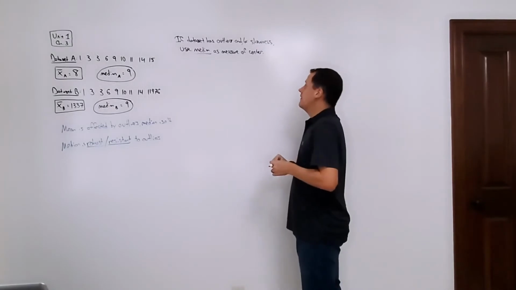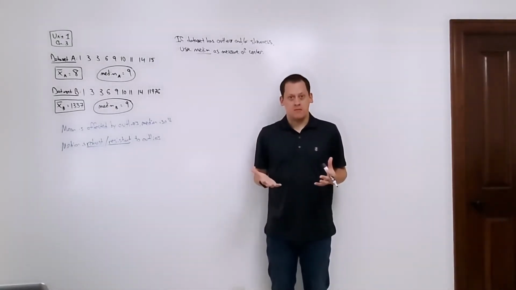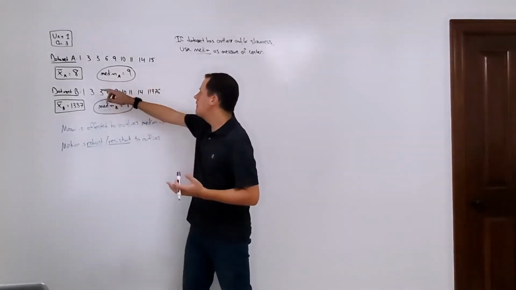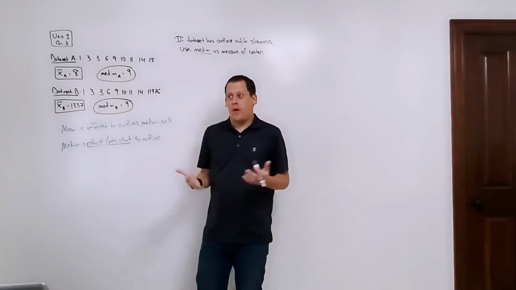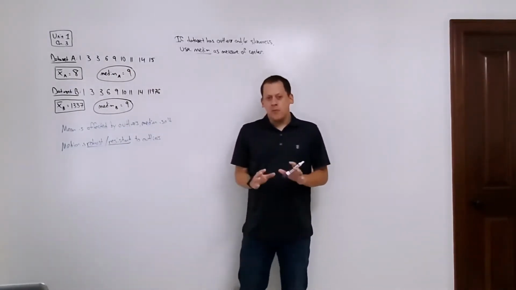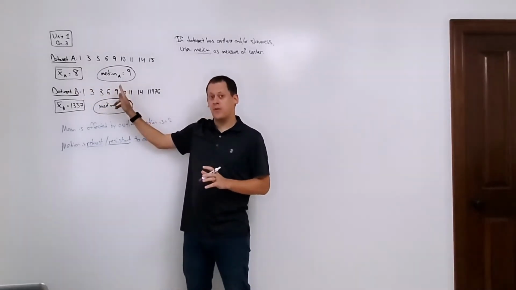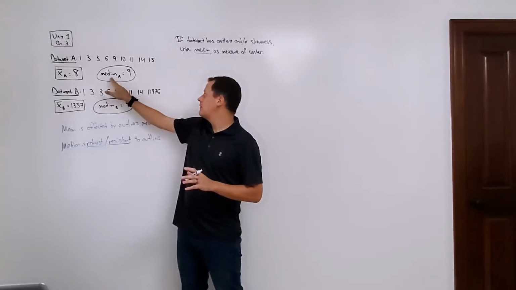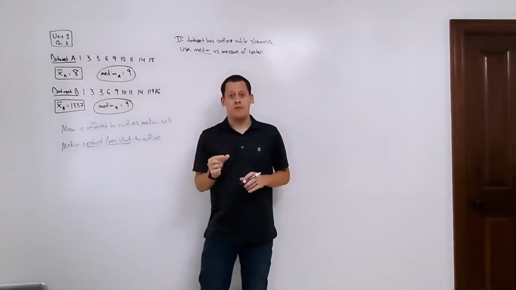Now, let's go back to our question. Why wouldn't we always use the median? For data set A, the mean is 8, the median is 9, they're both pretty good. Why can't we just use the median there? Let's go back to how these statistics are constructed. For the median, we're only using the middle value or the middle two values.